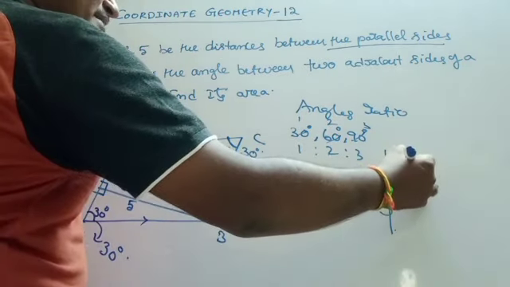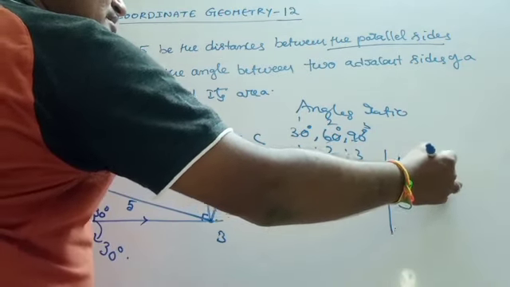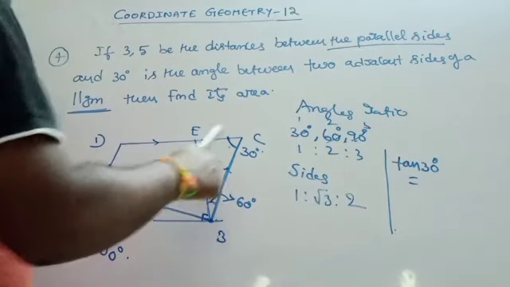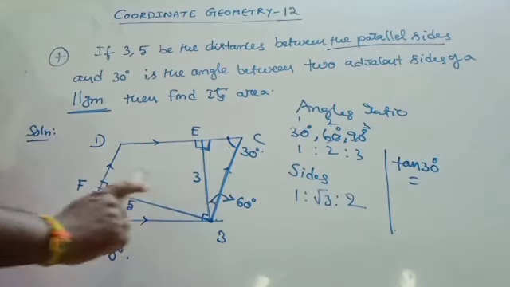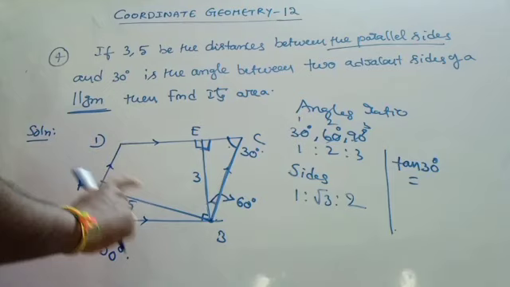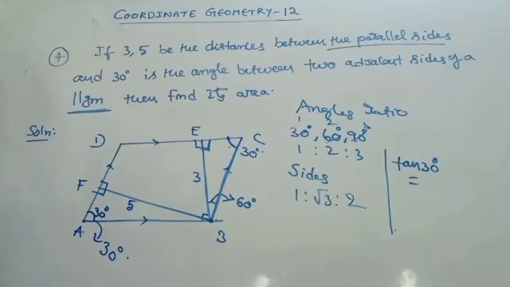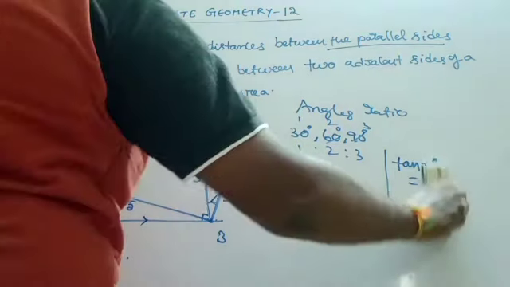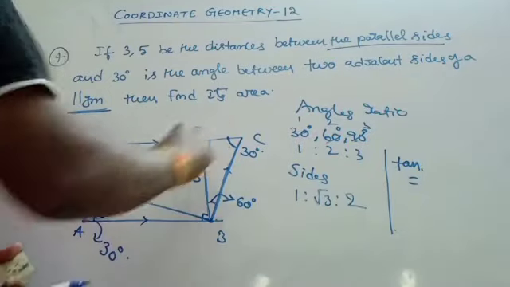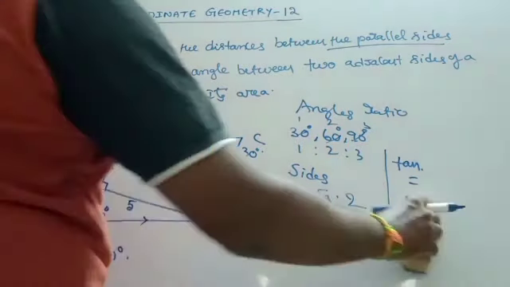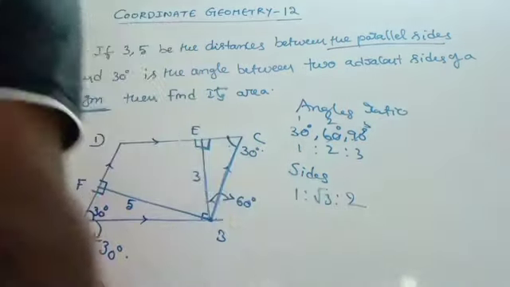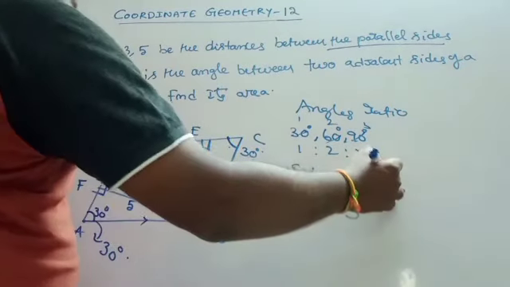If we use even tan 30 degrees, tan 30 means opposite side by adjacent, but that is not required for us. We have to use sin 30 degrees here.